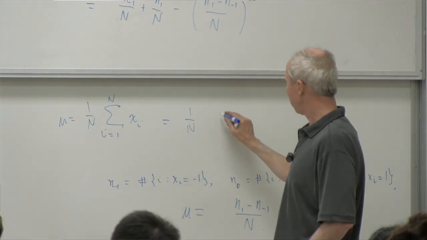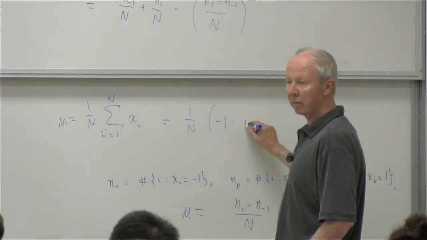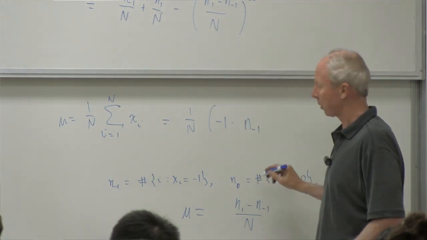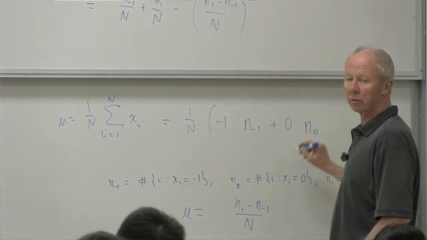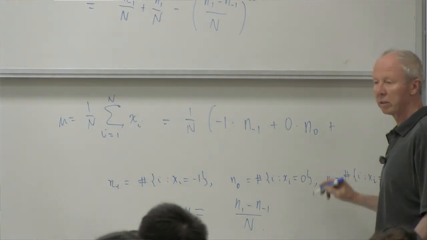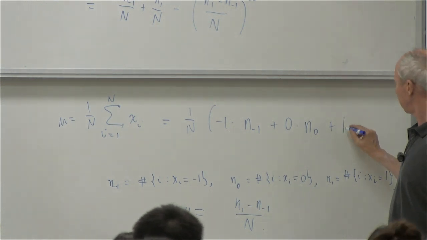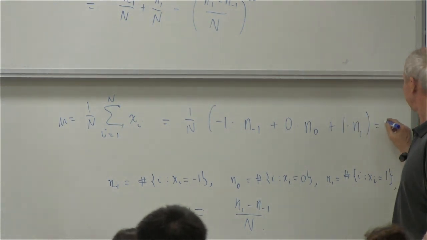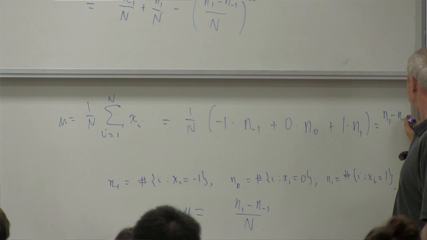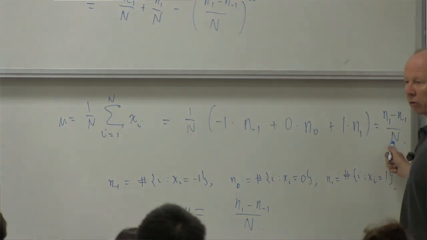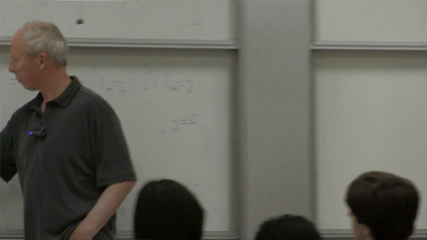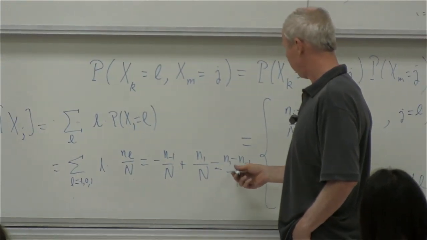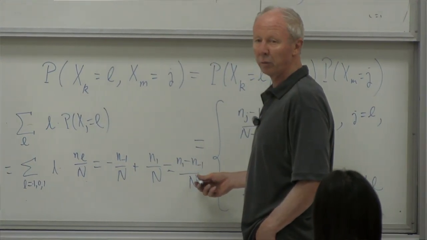So I get minus 1 times the number of times you get minus 1. How many times do I get 0s? 0 times n sub 0. And how many times do I get 1s? So that's the true mean. So you see the expected value of the sampled individual is the true mean.